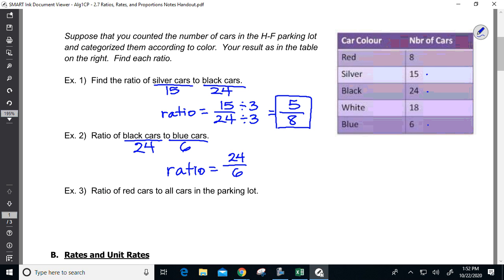So, can we reduce 24 over 6? Yeah. What is it reduced to?